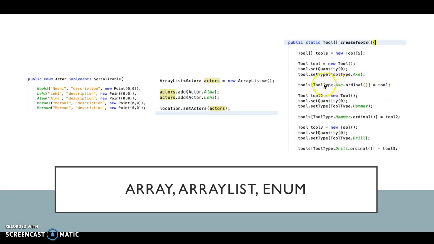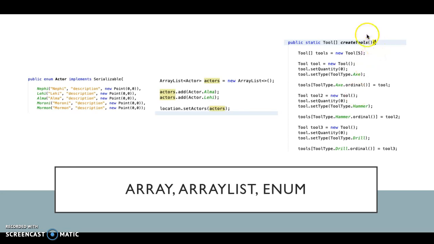This is a good example because I'm using two types of lists. First, I'm using an array, and I'm using a tool type that is an enum to access the index of that specific item in the tool type enum list, and I've used the ordinal to retrieve the value of the selected item in the enum list.